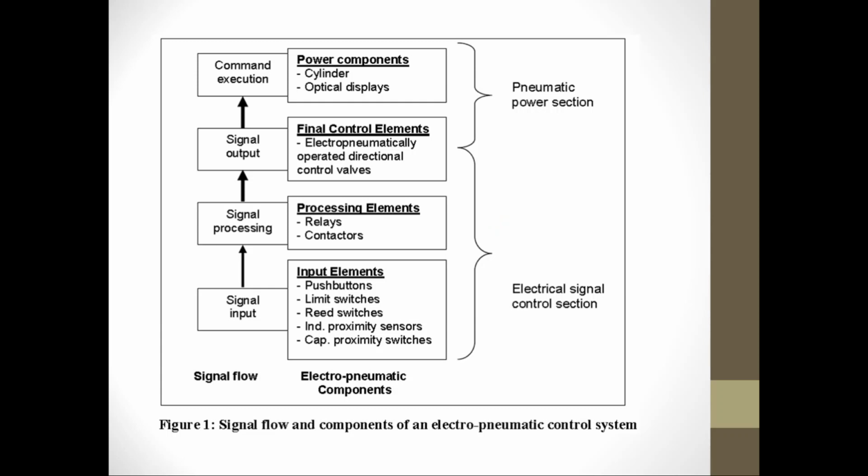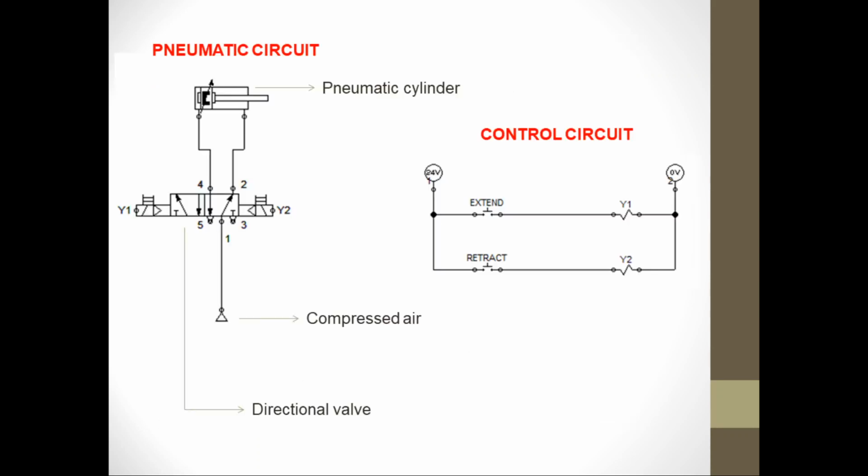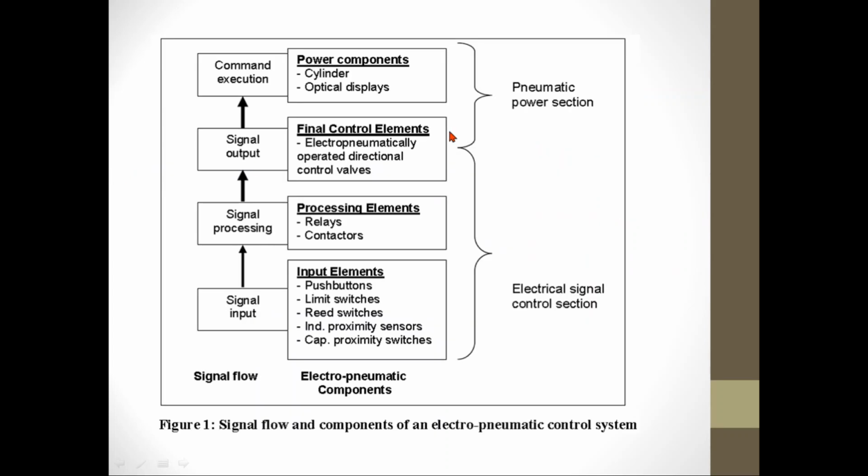It can be further visualized from the given setup. In this setup, you can see the pneumatic circuit, and then you also have the control circuit. Now this is the directional valve that was mentioned in the signal output section.